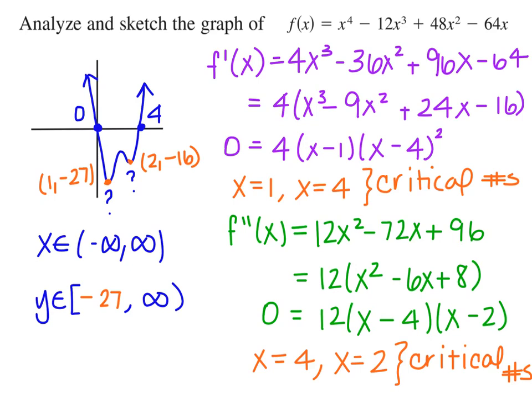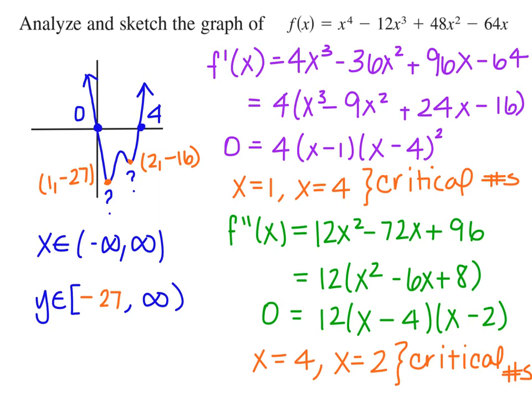So I take the first derivative, and I'm able to pull out a 4, and I've got a cubic left, and unfortunately it's not factorable by grouping, but just like what I did with the cubic on the previous slide, I could do the p over q, so the factors of 16 over the factors of 1, plug those in, or I could graph it, which is what I did, and I found that it has two different real zeros, one at positive 1 and one at positive 4, and this one bounced, so that was a power of 2, and this one crossed, so that's a power of 1. So 1 and 4 are my critical numbers.